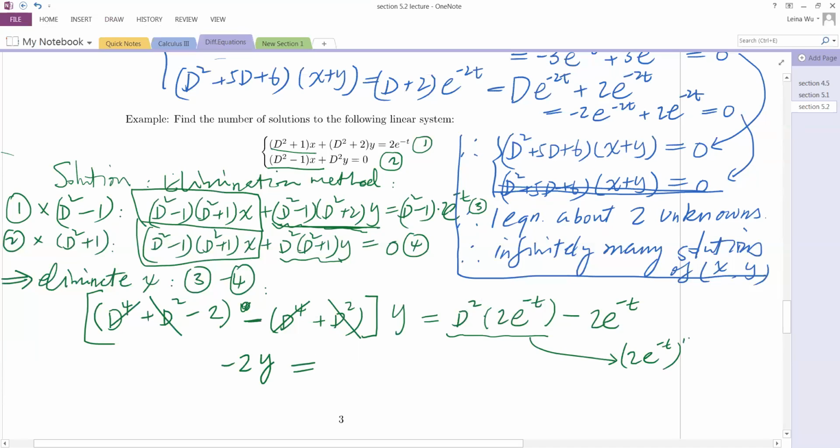You're going to take the second order derivative, right? So what's the first order derivative, Haziel? Negative 2e to the negative t, right? And then take another derivative. What do we have? 2e to the negative t. And then minus 2e to the negative t. This is what you're talking about here, being 0, right? Okay, so good. So y equals 0.